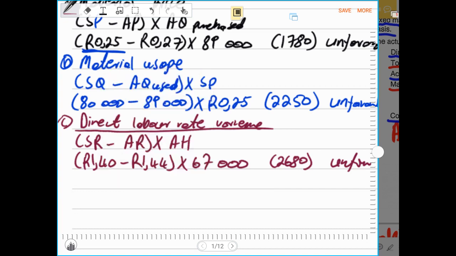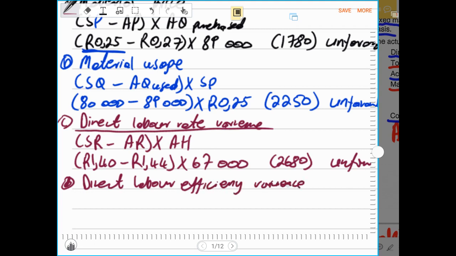So now we proceed on that same note. Now we do the direct labor efficiency variance.